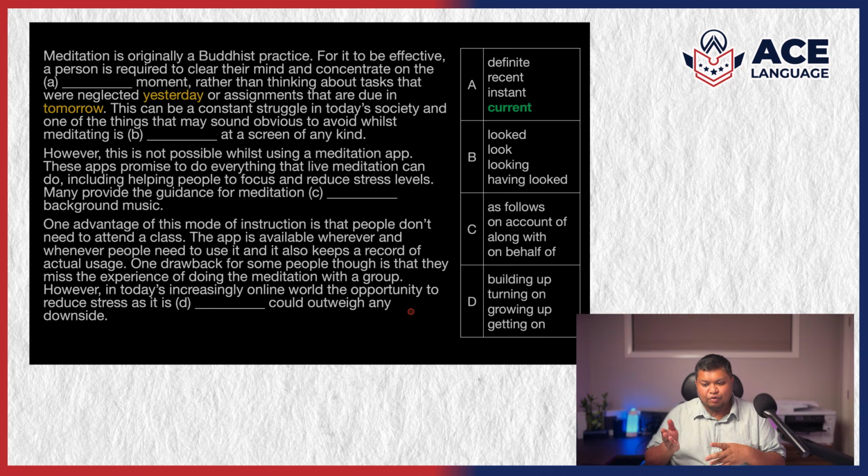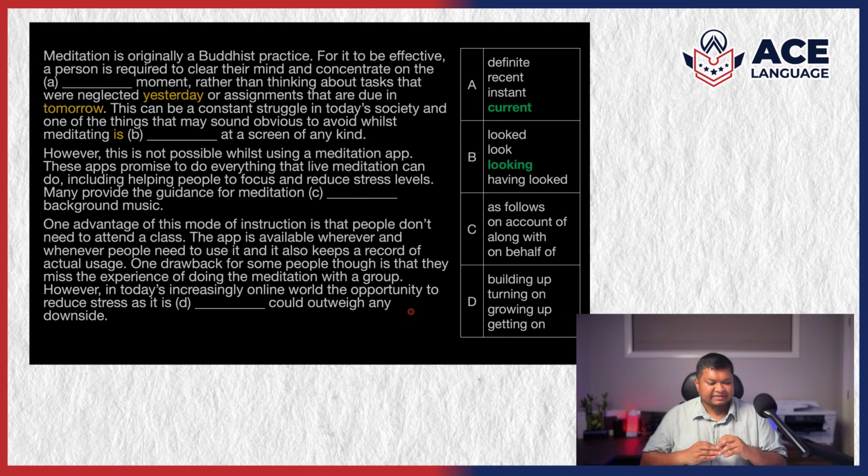So I cannot say looked or look. Having looked is not going to be an option because I have is before it. I can use looked, I can use looking, but in this case, because I'm talking about present, right? Remember, I'm trying to make meditation effective right now and I'm in current. So my answer needs to be looking rather than looked. My answer is looking.